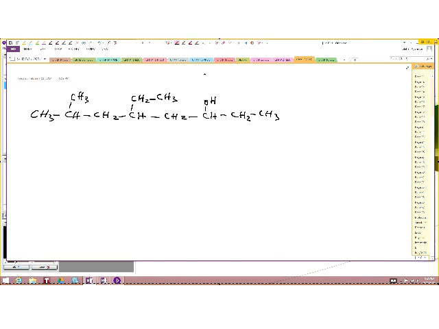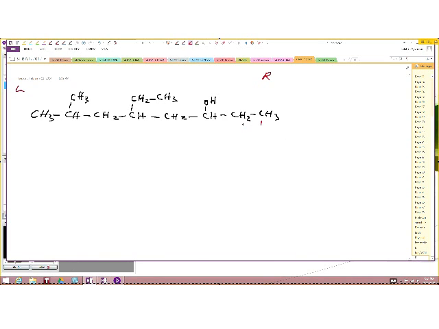Eight? Very good. Then where do we want to start numbering? From here or from here? From the left? I say left? Or right? From the right. Why? Because the hydroxy, very good. You want to give the hydroxy group the lowest possible number.